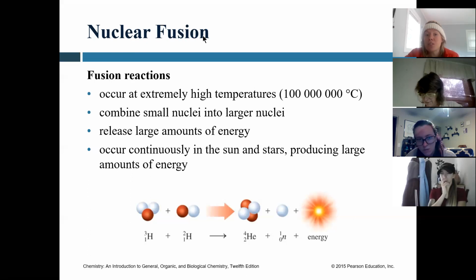And this is what happens in stars, okay? There's so much heat and so much pressure in a star, it can take 2 hydrogens and smush them together into a helium, right? And then it'll produce a neutron and a lot of energy. Like we're talking a lot of energy. This is continuously happening in stars.